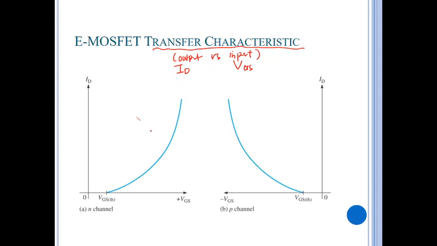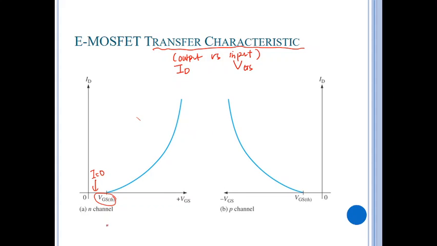ID versus VGS has a characteristic quite similar to the diode characteristic. We have the threshold voltage here, VGSTH or VTH. Below the threshold voltage, the current is 0. Above the threshold voltage, the current will start to increase. The increase of the current is not linear, but is a more rapid increment.